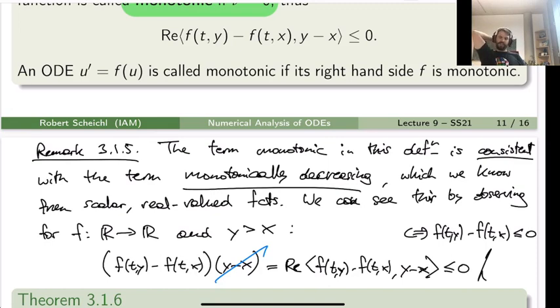So it doesn't change the inequality, and we can divide by it because it's non-zero.